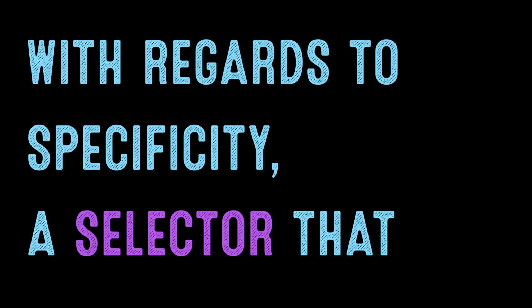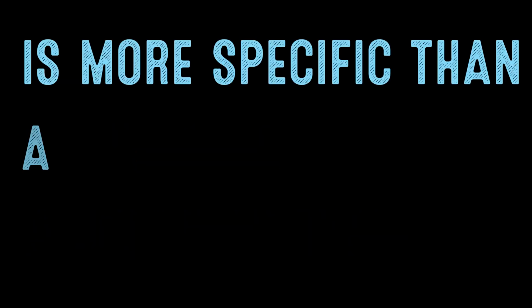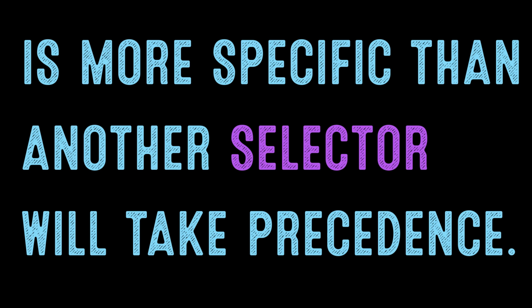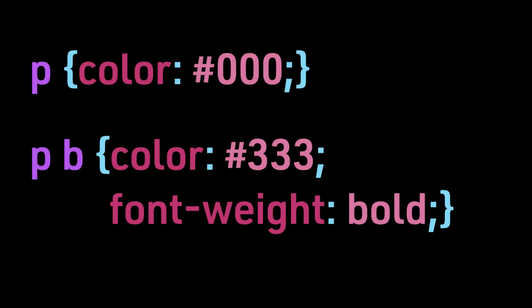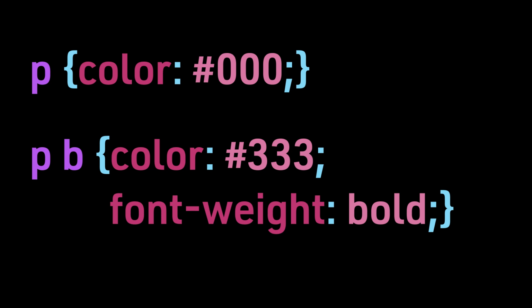How does specificity apply? With regards to specificity, a selector that is more specific than another selector will take precedence. Here are some examples. What would be the result? Bold paragraph text will be dark gray, since bold paragraph text is more specific than just paragraph text.